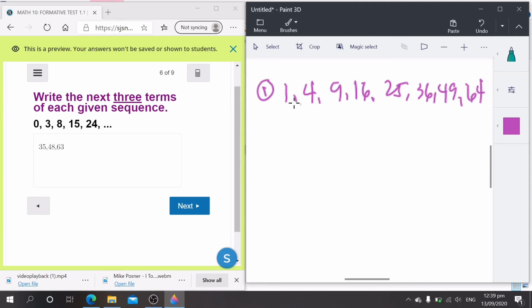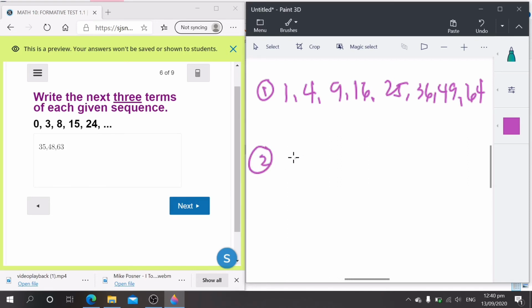Okay? 1, in comparison to 0, we subtract just 1 from the perfect square number. 4 minus 1 is 3. 9 minus 1 is 8. 16 minus 1 is 15. 25 minus 1 is 24. So, for 36, we just subtract 1, so that is 35. 49 minus 1 is 48. 64 minus 1 is 63. So, that's the first pattern you can use.